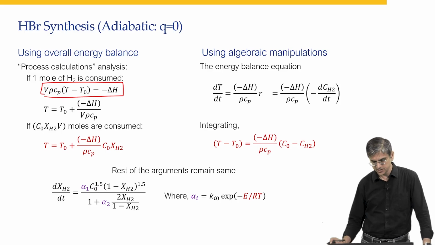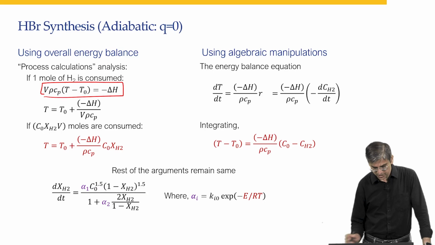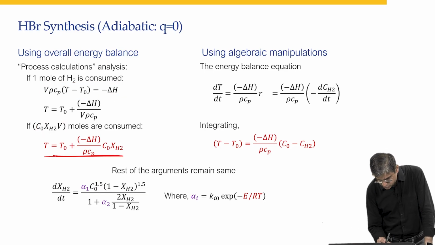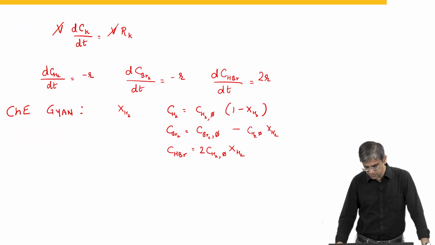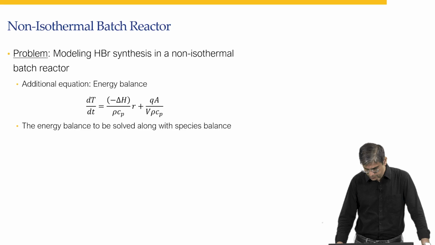This is if you have 1 mole of hydrogen being consumed, but instead if you have these many moles of hydrogen being consumed, this is going to be your temperature, okay. This is essentially equivalent to what we were trying to show over here, okay.